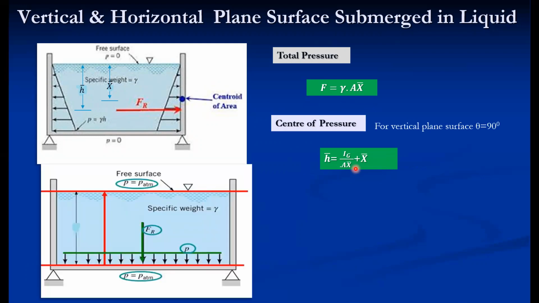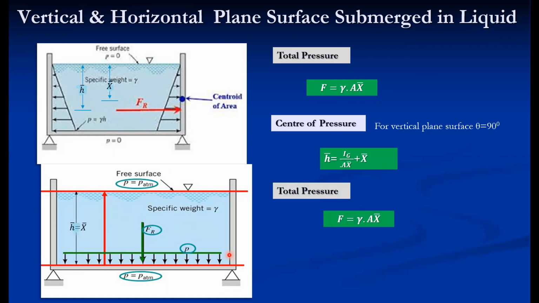For a horizontal plane surface, the pressure is uniform, so no integration is required. Directly with the help of the expression F equal to gamma A x bar, we can calculate the total pressure.